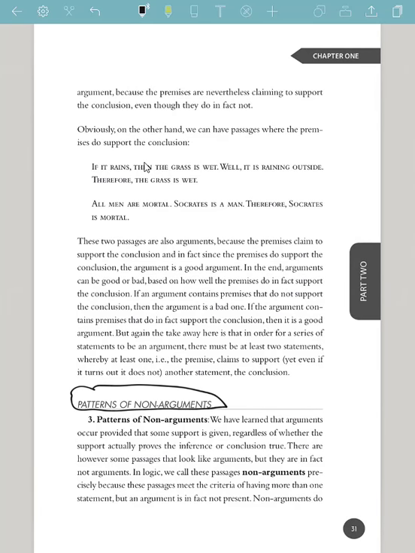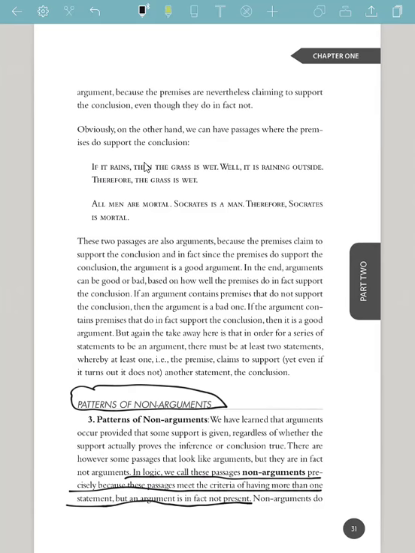And that's going to be key, because in logic we call these passages non-arguments precisely because these passages meet the criteria of having more than one statement, but an argument is in fact not present. That's the key.